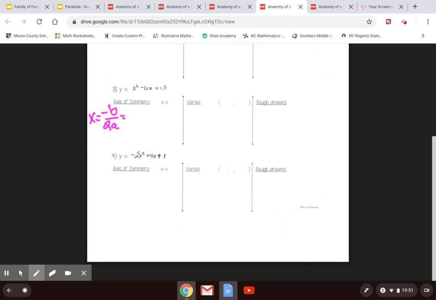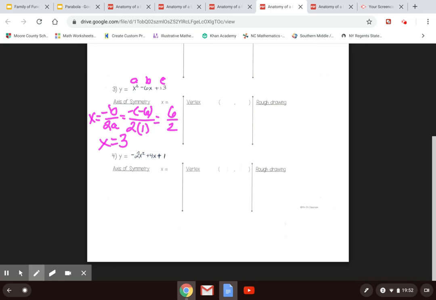So again, this is a, this is b, this is c. So my b value is a negative 6. So that's going to be negative 6 divided by 2, and my a value there is 1. So negative 6, 2 negatives make a positive, so that's going to be 6 divided by 2. So that means x equals 3.